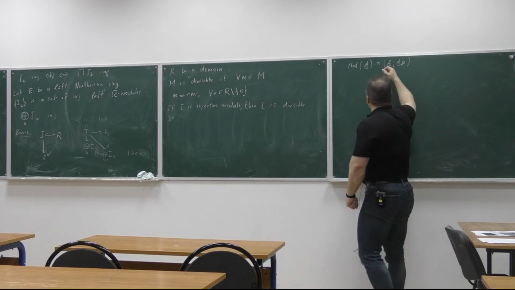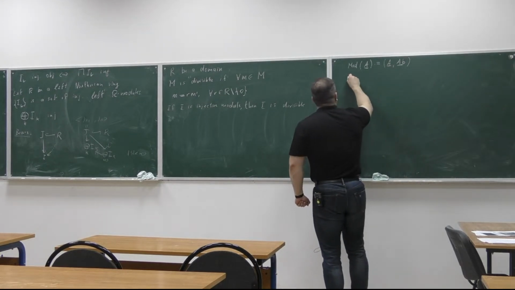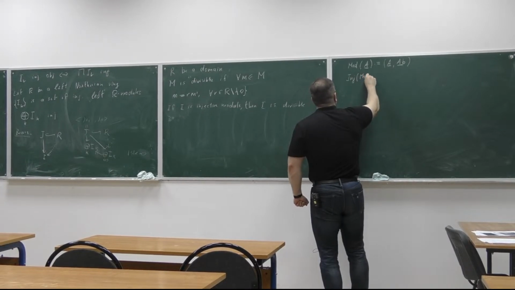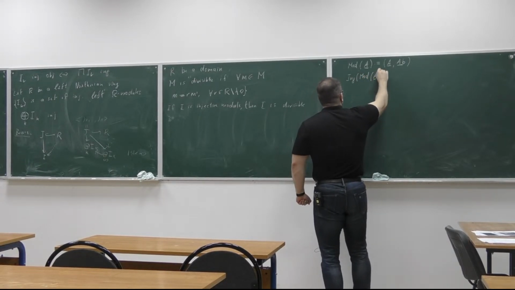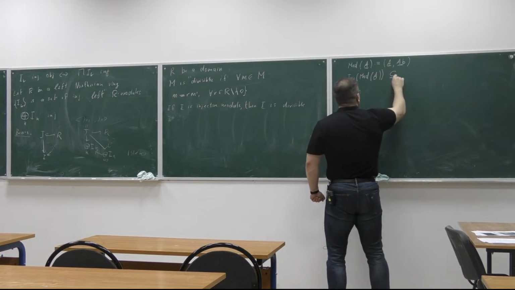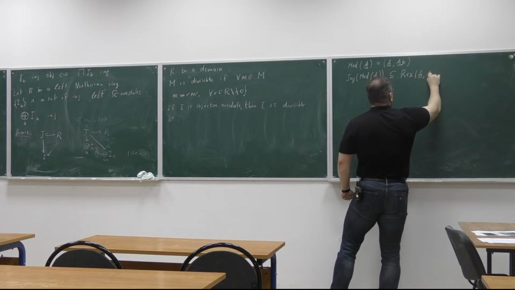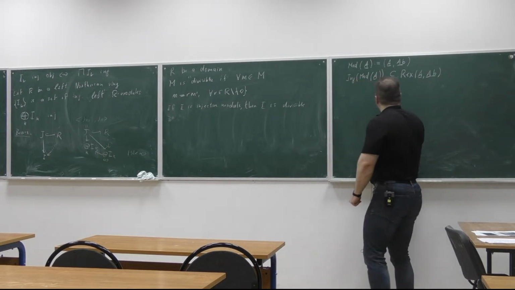But what I want you to check is that if you take injective objects in the category of modules over a category, then any injective object is actually a right exact functor.